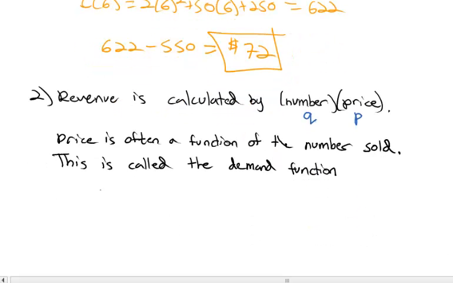For example, there might be a revenue function. A revenue function, R of Q, is equal to the number times the price. But the price is a demand function based on the number sold.